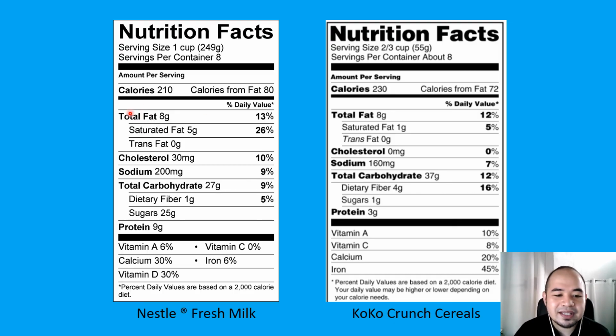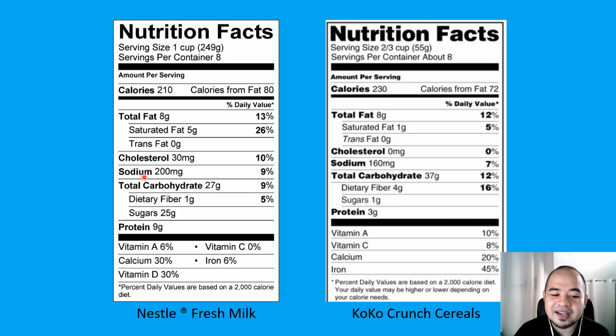So, total fat. Meron na kayo na idea dito. Saturated fat, meaning galing siya sa animals. Trans fat. Kung makita nyo, wala daw. So, wala silang hydrogenation process na ginawa. Cholesterol, it's actually under fat if you're going to imagine, right? It's going to be under lipid.